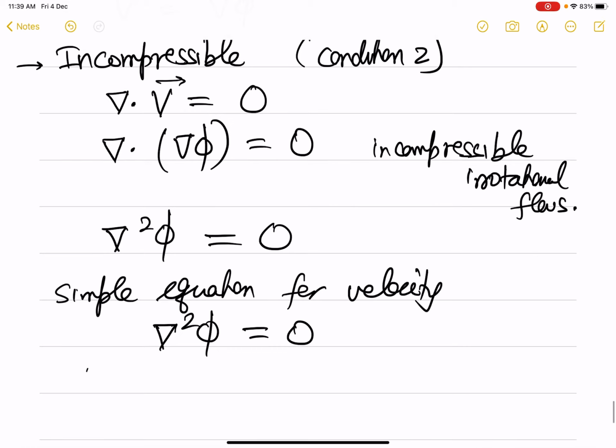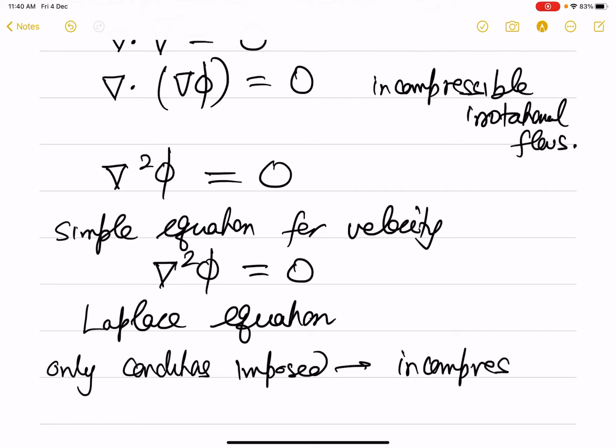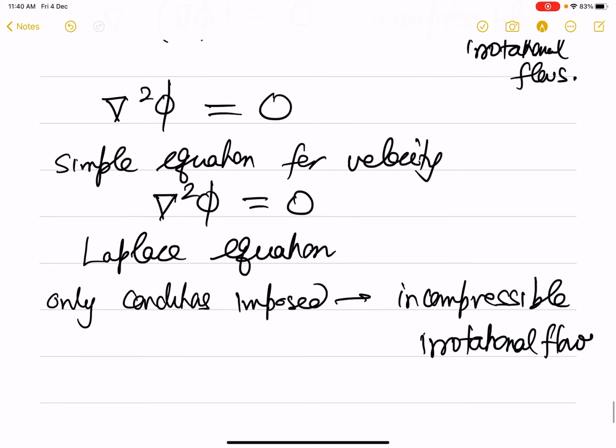And this equation, as we know, is also called the Laplace equation, and so far the only conditions we have imposed are incompressible and irrotational flows. Actually, we have not even put the condition for inviscid flows because we don't need that.